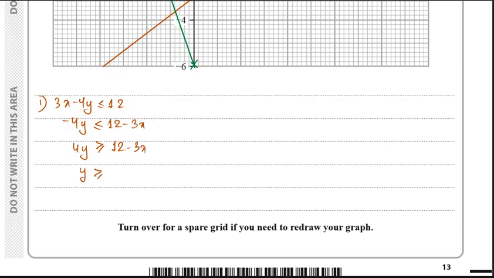So y would be 12 minus 3x by 4. So y is greater than or equal to, I can write it like 12 by 4 minus 3x, or if I write it here, 3 by 4x.